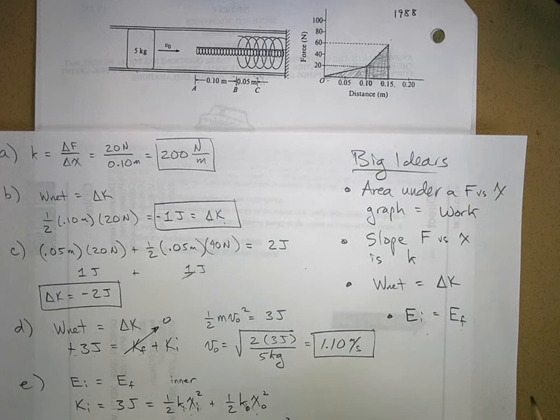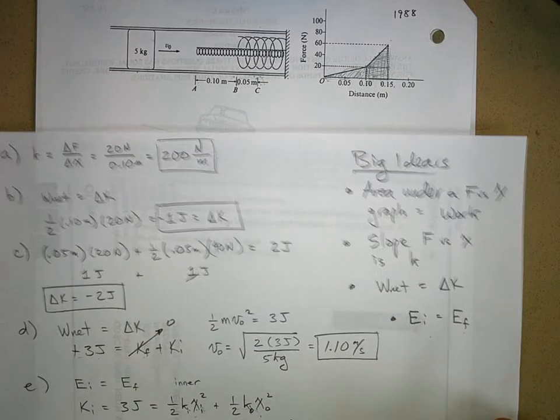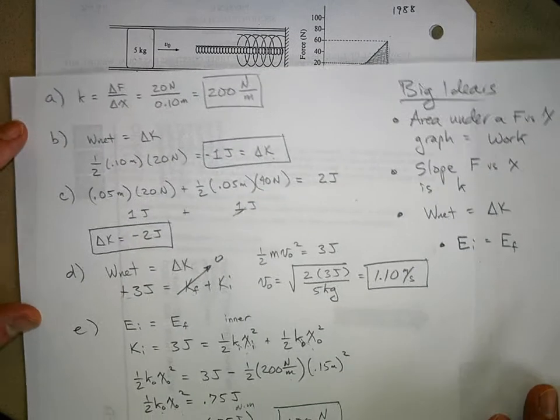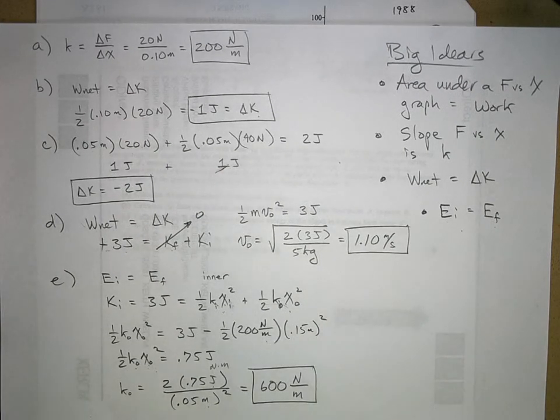When the only forces doing work are springs and gravity. In this case, gravity didn't do any work. It was all springs doing work. So that means you just have an exchange of mechanical energy from kinetic to elastic potential. Okay. So those are the big ideas I would list for this. So that is problem number 2 solved. Any questions?